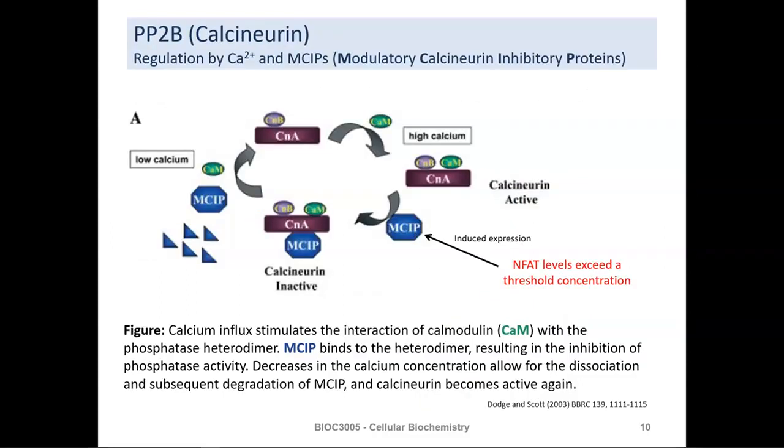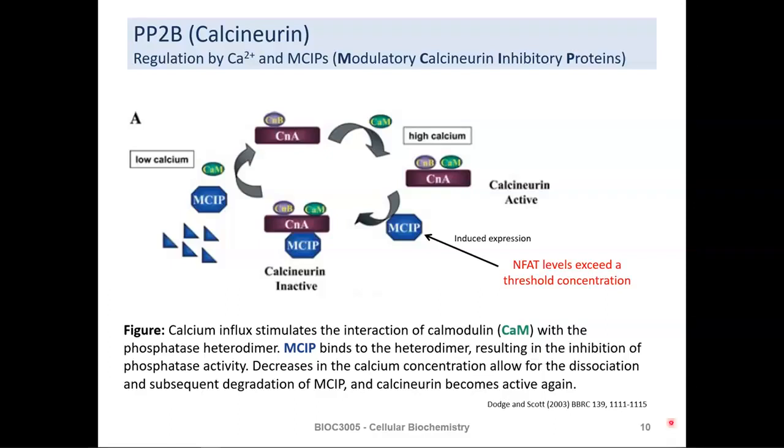Another mechanism which we can look at is the control of PP2B activity, which involves the presence of calcium and also modulatory calcineurin inhibitory proteins. The MCIP acts as a competitive inhibitor with respect to the substrates of PP2B.